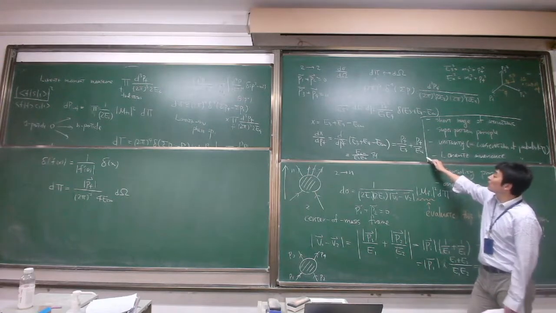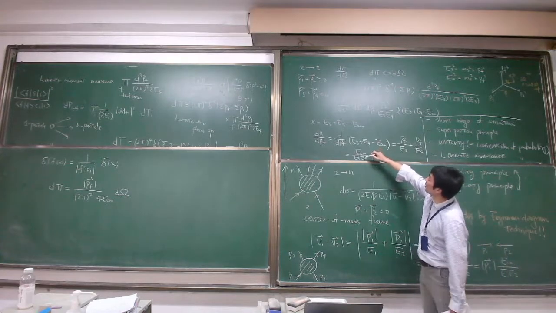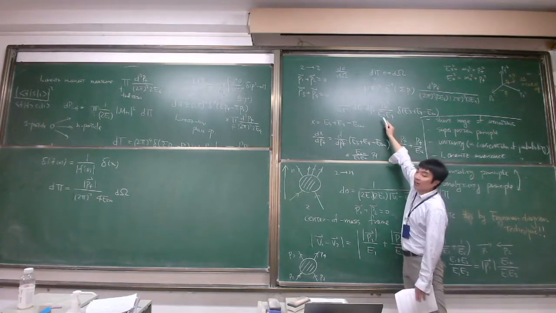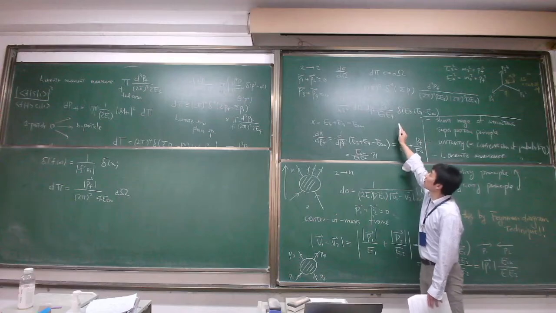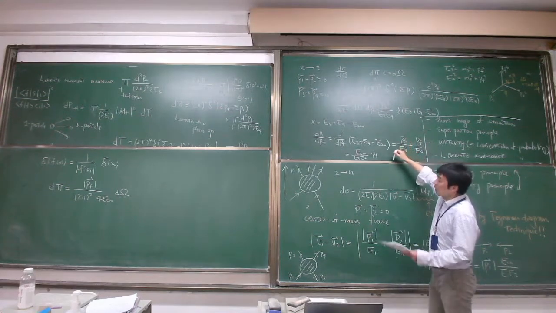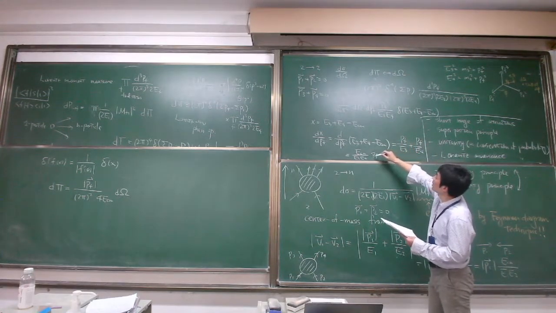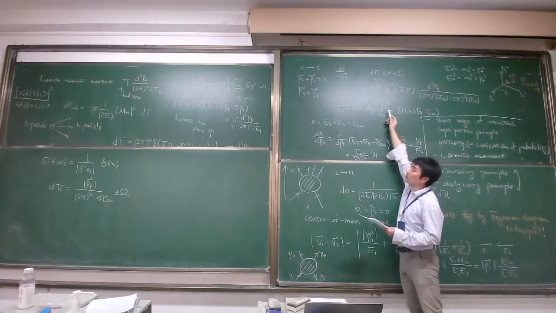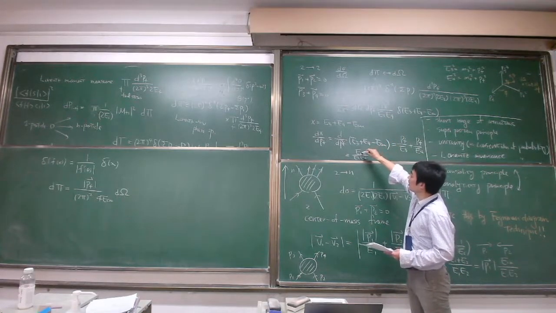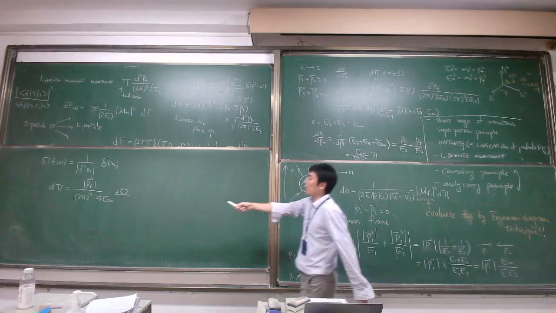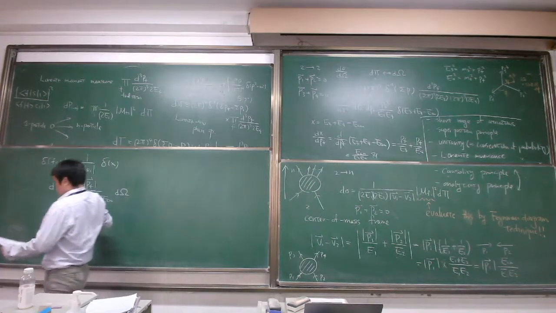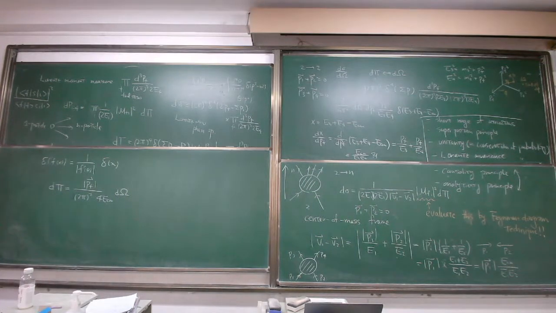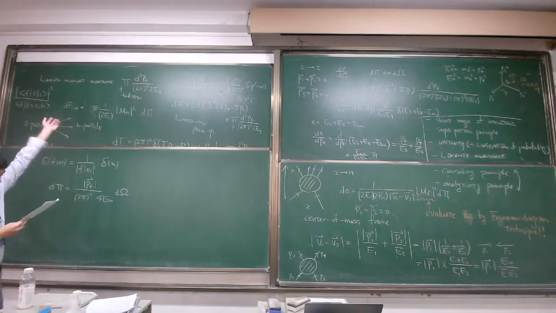So in the center of mass frame, this E3 and E4 will cancel with this E3 and E4. And this P_F is cancelled with one of the P_F, and what's left is E center of mass in the denominator, and in the numerator you have the amplitude of the spatial momentum.